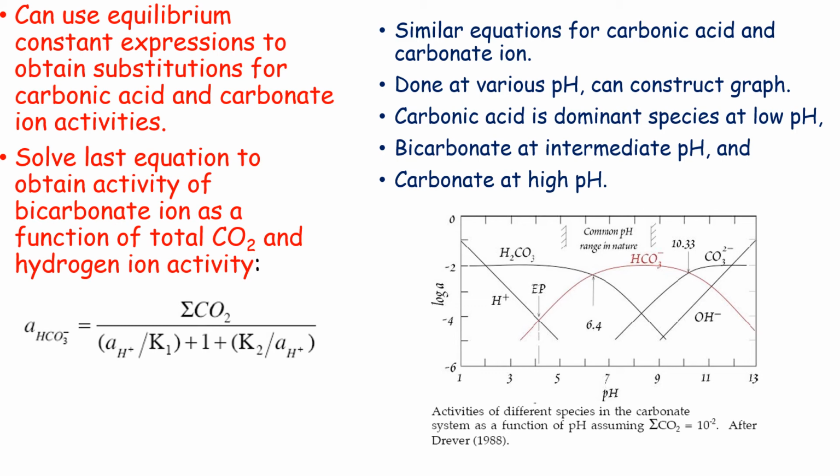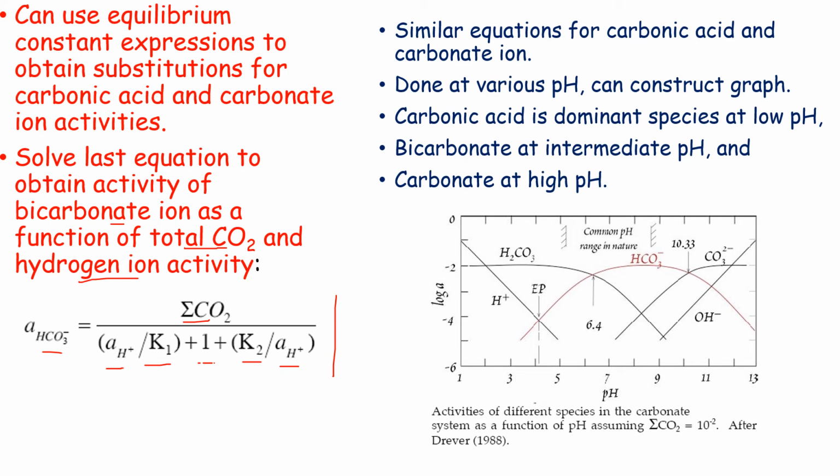We can then solve the last equation to obtain an expression for the activity of the bicarbonate ion as a function of total carbon dioxide and hydrogen ion activity. This is given by this expression here, where the activity of bicarbonate is the total amount of carbon dioxide divided by the activity of hydrogen divided by K1, plus 1, plus K2 divided by the activity of hydrogen.